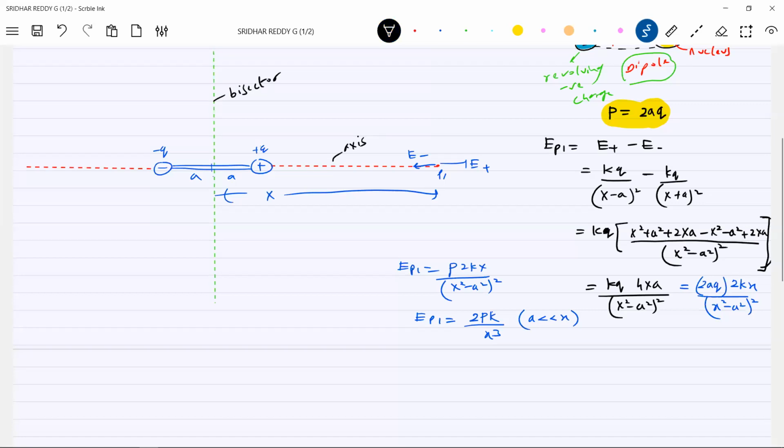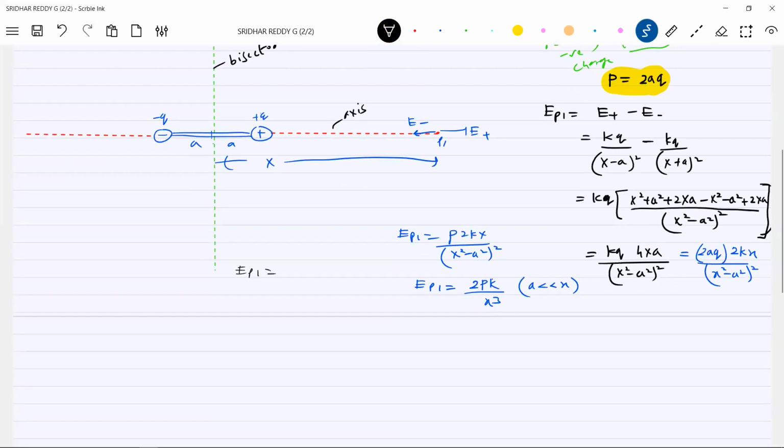So what is the field on the axis of the dipole? 2pk by x cube. Also k equals 1 by 4 pi epsilon naught. In the books they give a better formula: 2p by 4 pi epsilon naught x cube, provided a is very much less than x, which will be the case in all our applications.